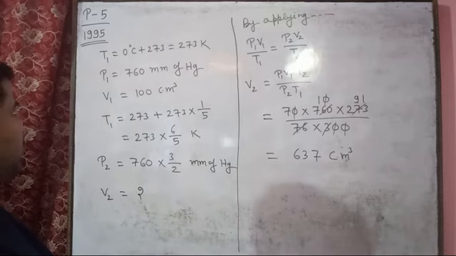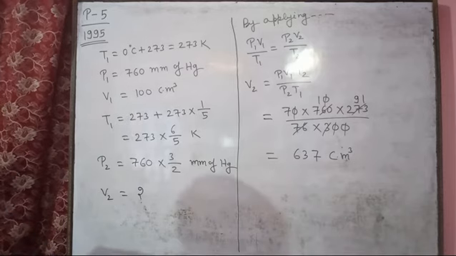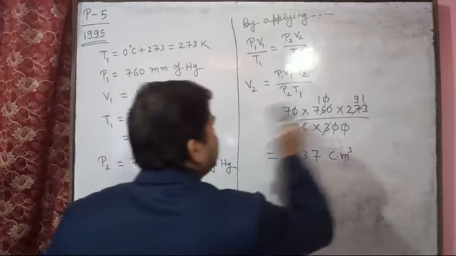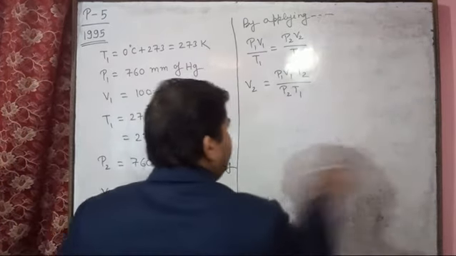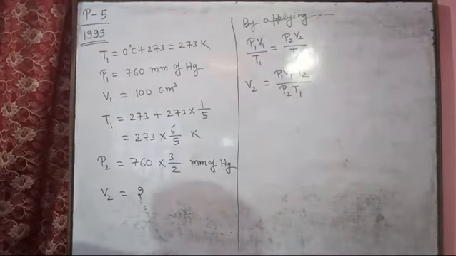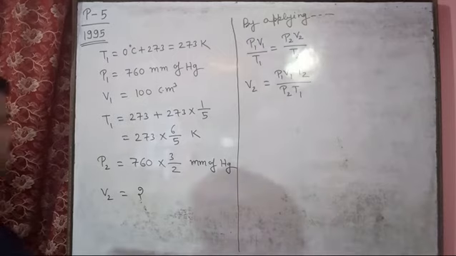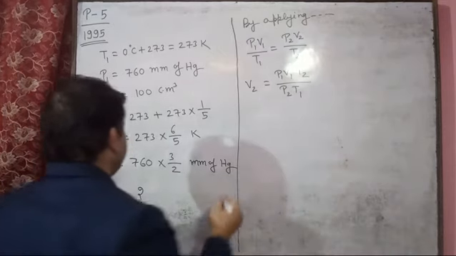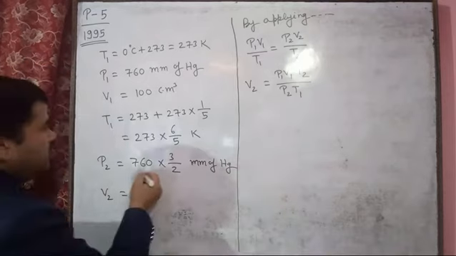After this we will put the values. So here we can see temperature, pressure and volume are changing, so we will take the gas equation and determine the final volume. We will put these values, and also here we can cancel.